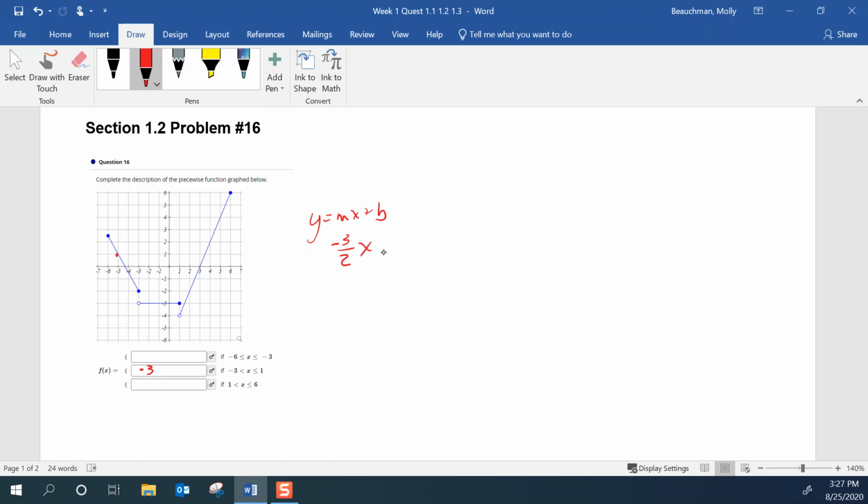Then to figure out the y-intercept, pick a point. I'll pick this point -3, -2. Substitute it in here. Y is equal to -2 equals -3/2 times x plus b. Solve. -2 equals 9/2 plus b.